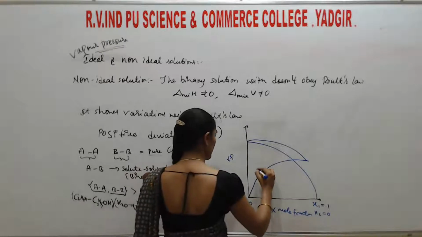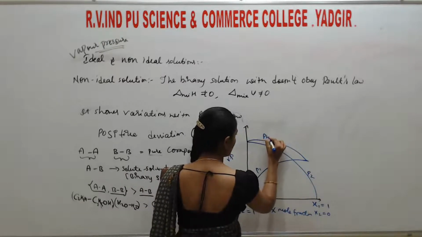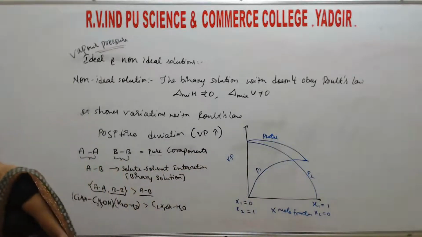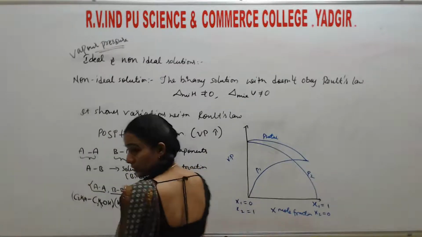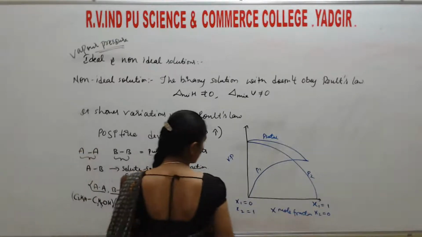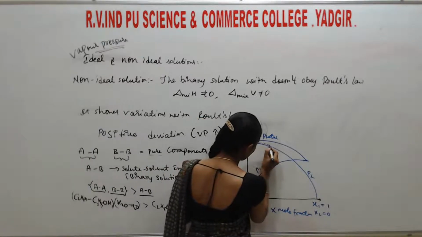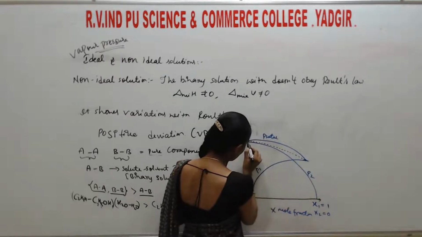This one is P1, this one is P2, this is P total, P1 plus P2. Okay. This shows what? Positive deviation. How, students? Listen, if you take this, this is Raoult's law deviation.